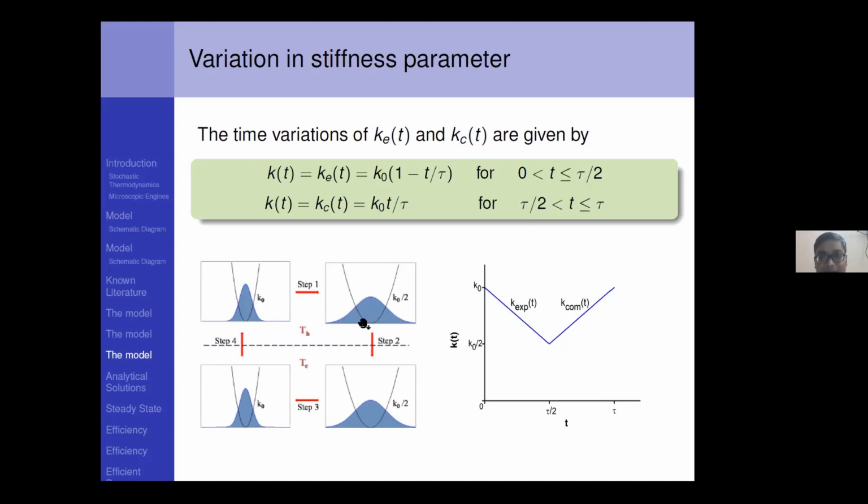Yes, it is at the time tau by 2. So these processes are instantaneous. Step 2 and step 4 are instantaneous. Step 1 takes place for half the cycle. Step 3 takes place for another half of the cycle.